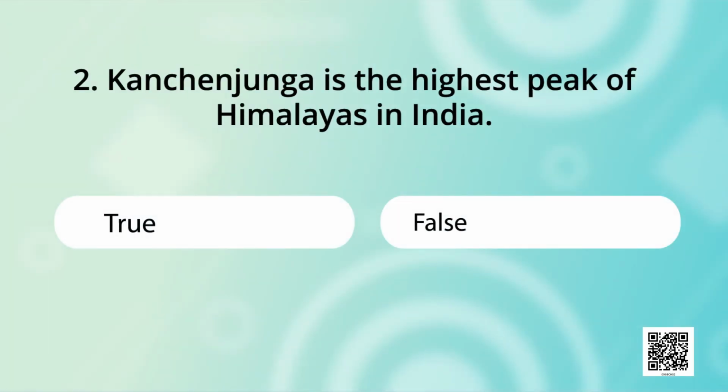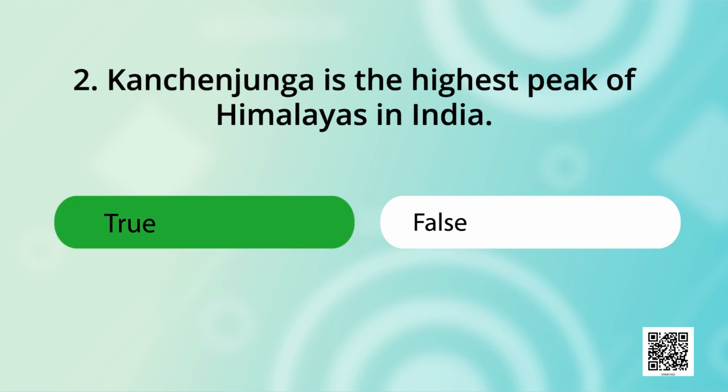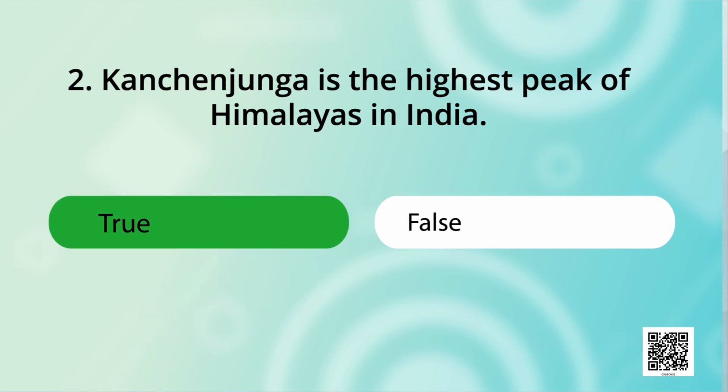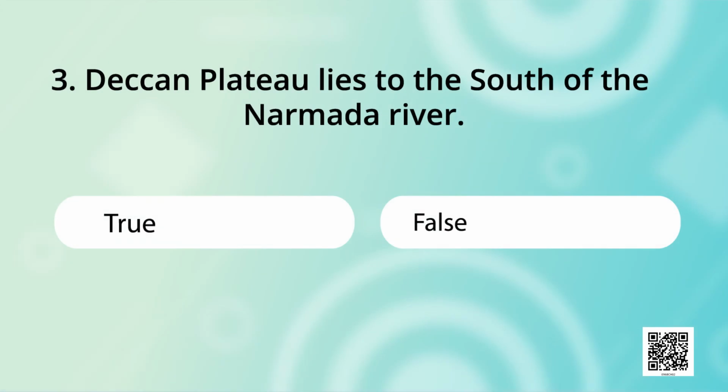The second sentence is, Kanchenjunga is the highest peak of Himalayas in India. So children, is it true? Yes, it is true. The next sentence is, Deccan Plateau lies to the south of the Narmada River. This again is true.